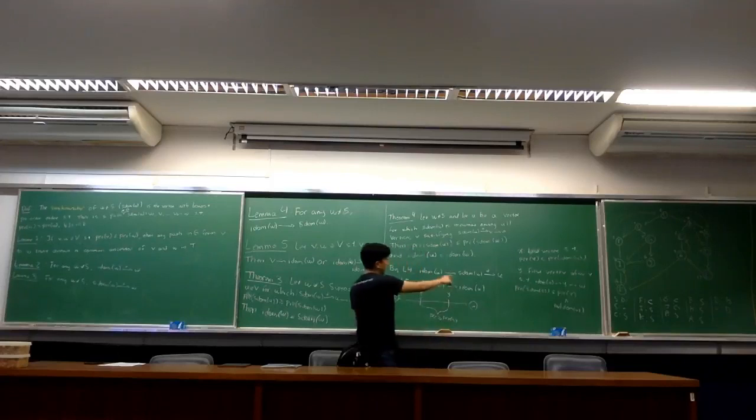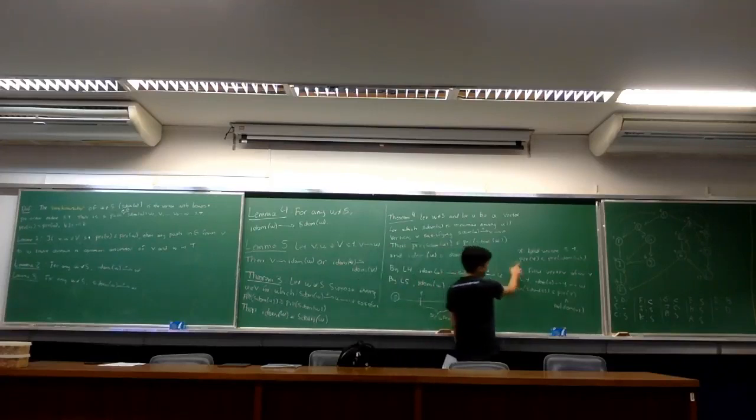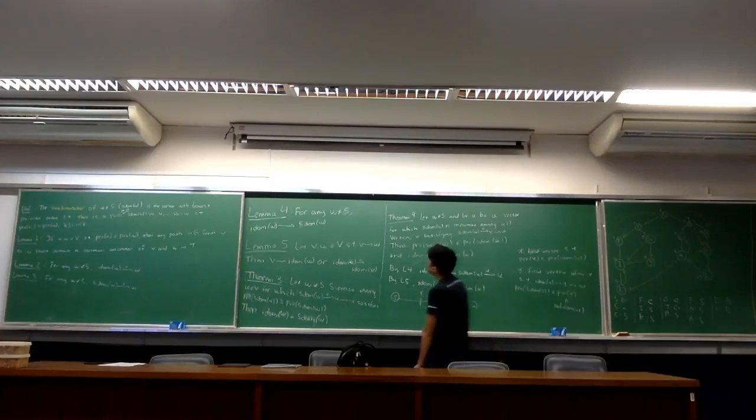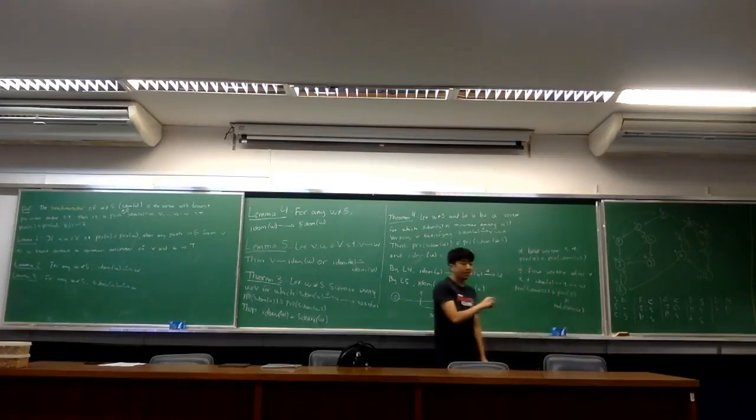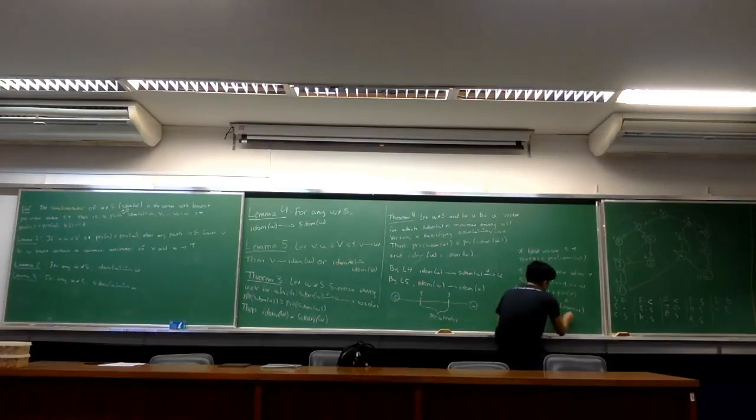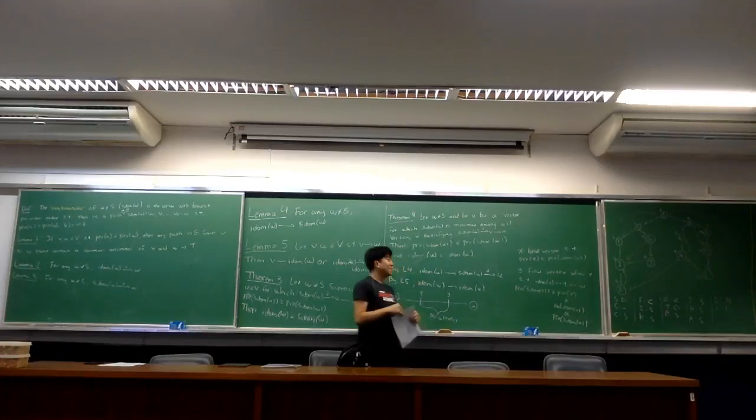Well, X is the last vertex to satisfy this, right? So this holds. And by lemma 4, we know that the item of W is an ancestor of the atom of W. So this also needs to hold.